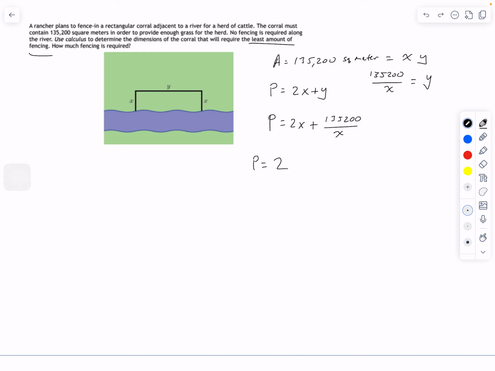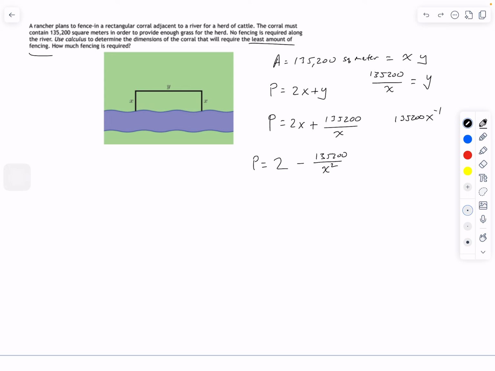Remember, that is 135,200 x to the negative 1 power. That's how we rewrite it. So it's going to be a negative fraction of 135,200 over x squared on the bottom, because when we subtract 1 from the exponent, it becomes negative 2.